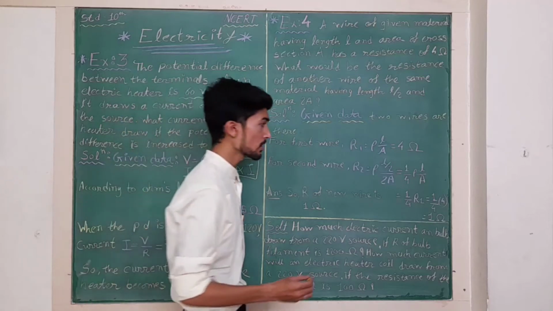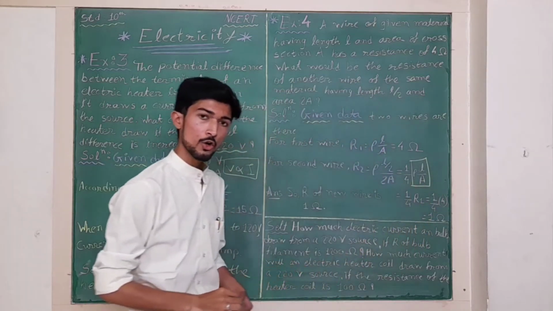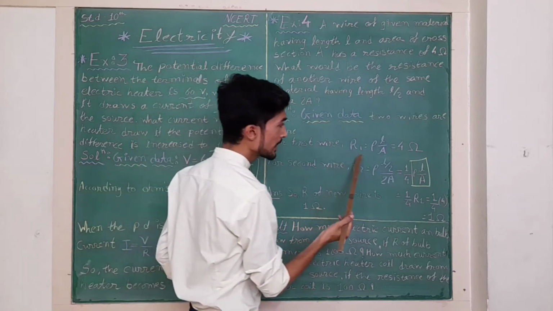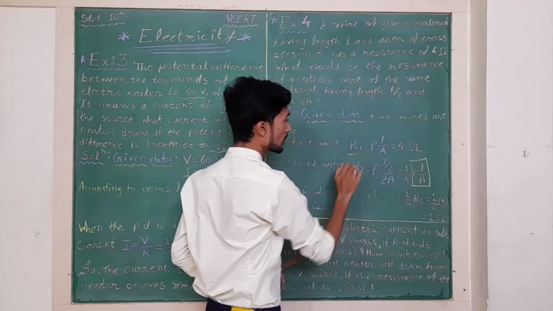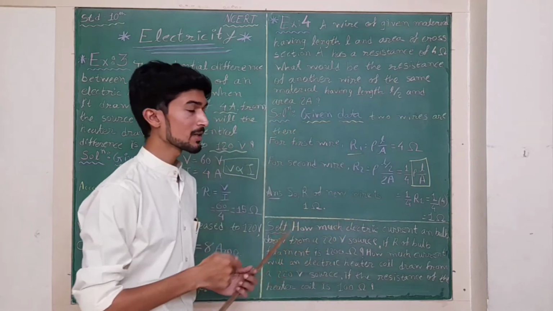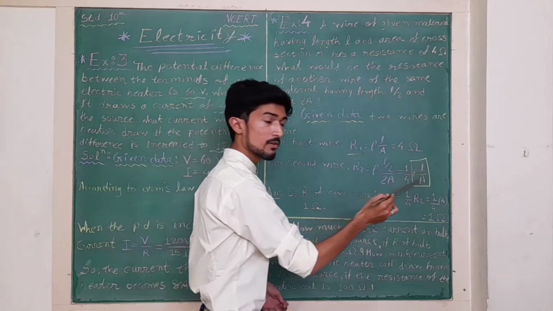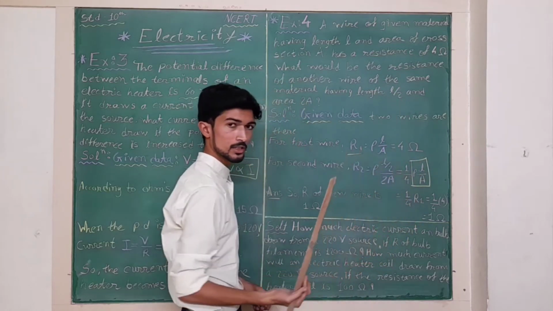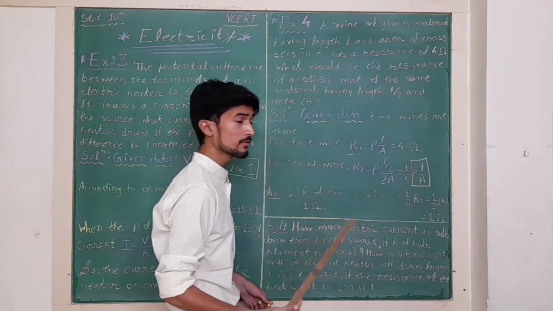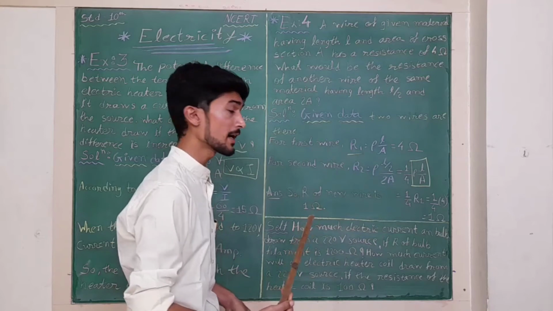Now let's focus here. What is this? Rho L by A is nothing but our R1. It means we can put R1 instead of rho L by A. So 1 by 4 R1. Now what's the value of R1? R1's value is 4 ohm. You can put the value of R1.